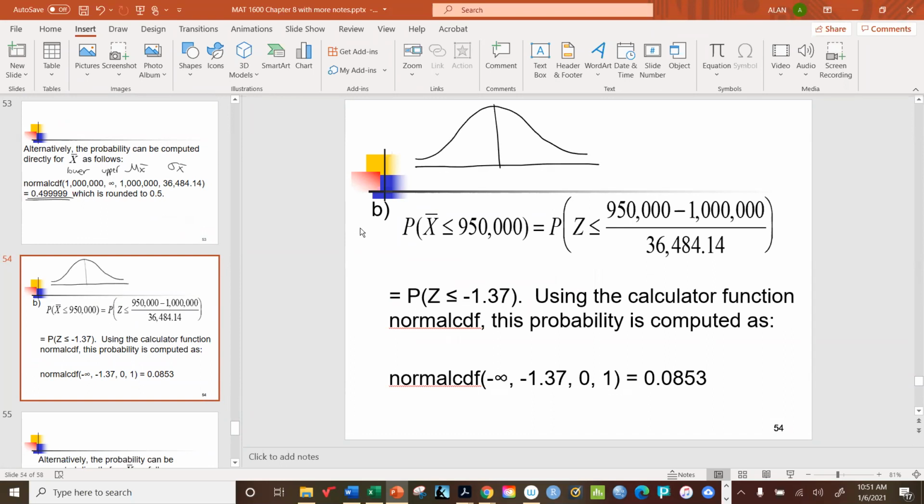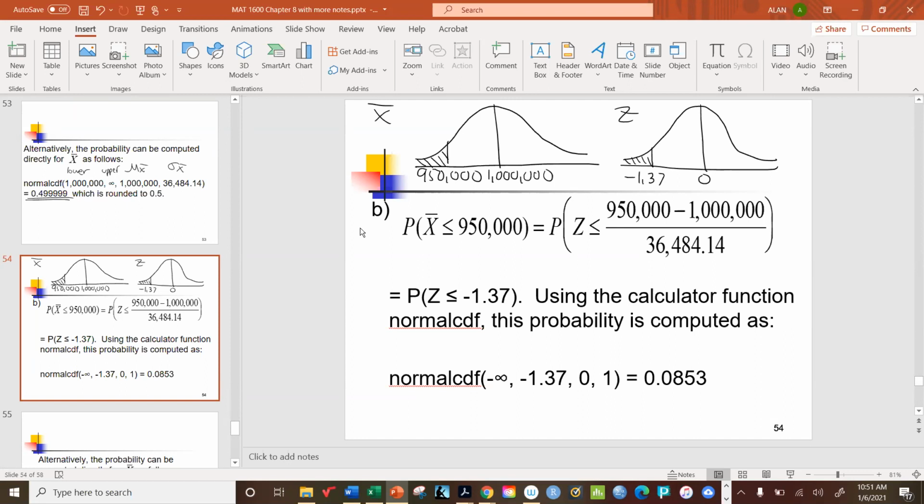On the X bar distribution, this is the equivalent of being below, wow, 1.37 standard deviations below the mean. That's pretty far away. So this is going to be a very small probability. And so again, you can plug this in from negative 137 in here, or we can go to our chart.